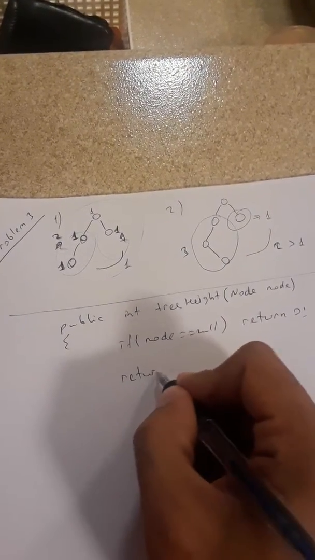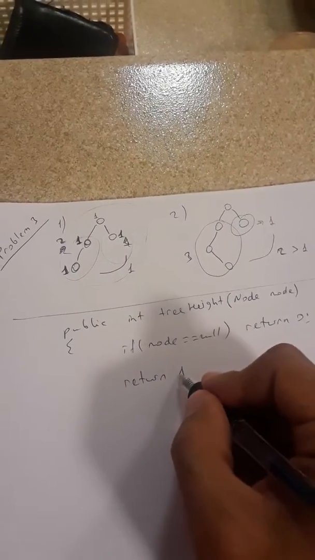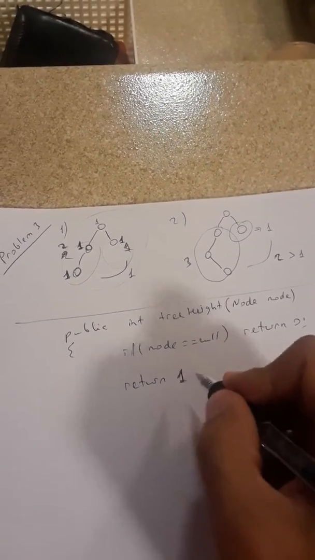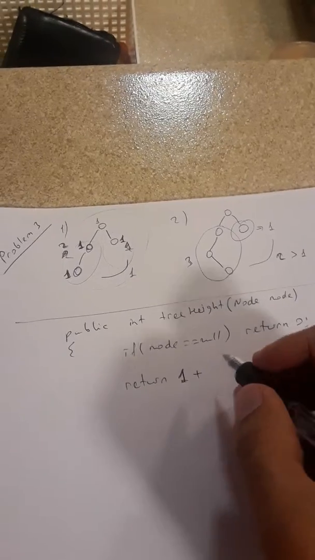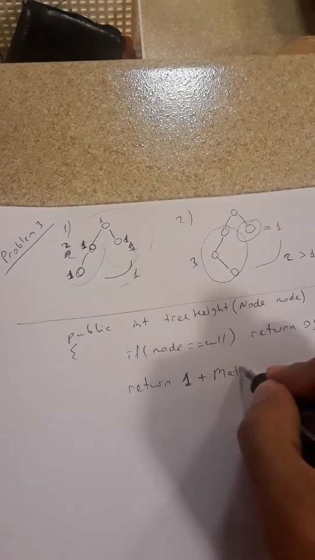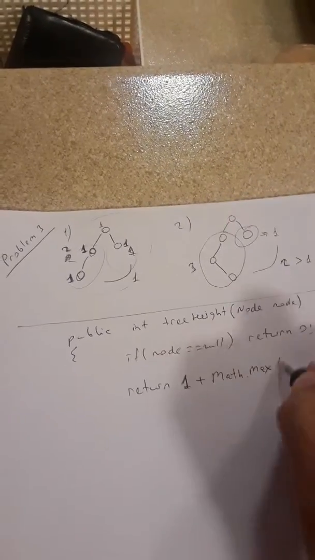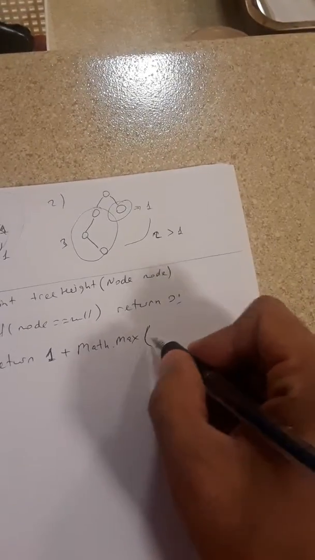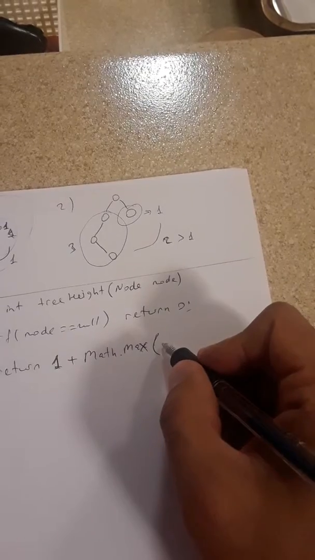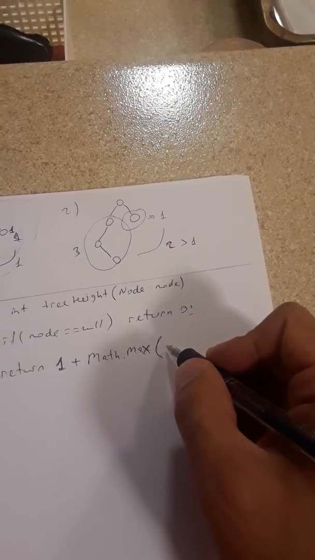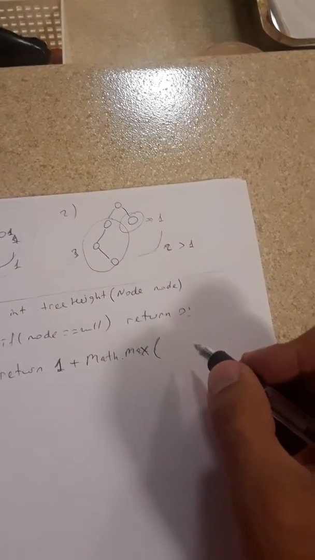Otherwise, we'll call this function recursively, adding 1 at the beginning to the maximum value that we will get from our left and right subtrees.